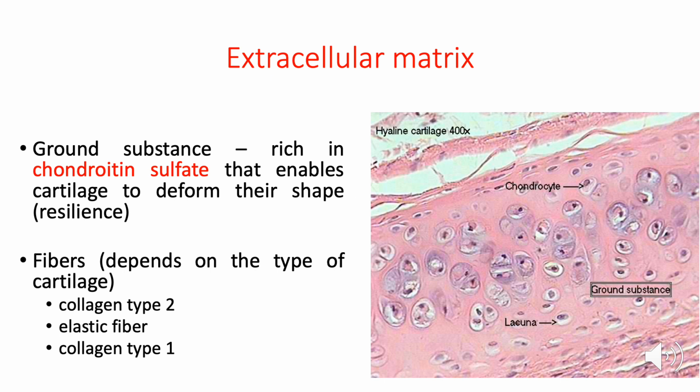They can withstand compression forces unlike our bones and our connective tissues. In terms of fibers, there are cartilages that have collagen type 1, there are cartilages that have collagen type 2, and there are cartilages which have both collagen and elastic fibers. And we will discuss them as we go along with the lecture.